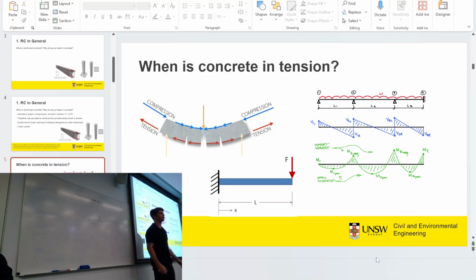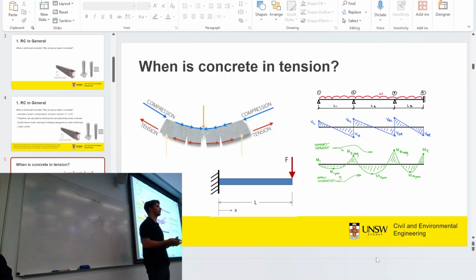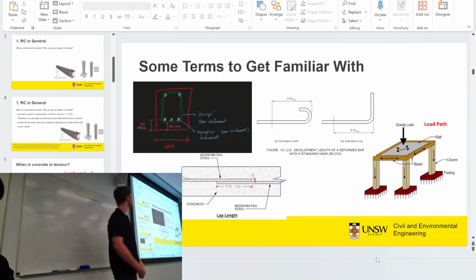Is anyone not too sure about that? Cool. So basically, wherever there's tension in the beam or the slab, that's where we put the steel reinforcement. Is anyone unclear about that or have any questions? Because that, to be honest, is the main concept of all this, especially for elastic analysis. Anyway, I'll keep going.